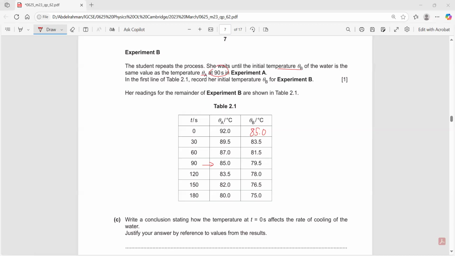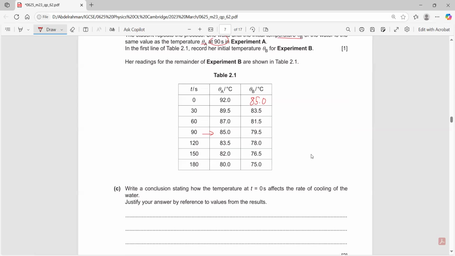Now, write a conclusion stating how the temperature at zero affects the rate of cooling of the water. Theta A started with 92 and ended with 80, so the temperature difference is 12 degrees Celsius, right? 85 minus 75, the temperature difference is 10 degrees Celsius, which is slightly less. It does slightly affect the rate of cooling, yes.